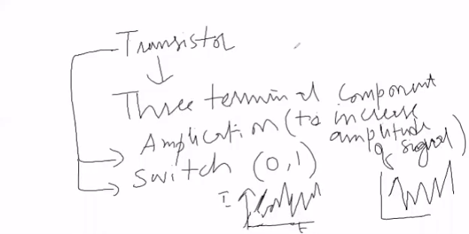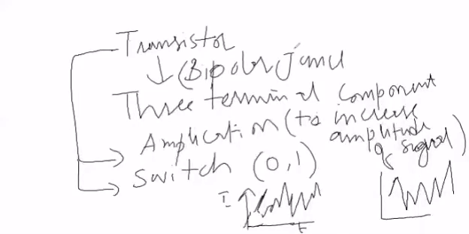Okay, so it is also a current controlled component. There are MOSFET type transistors and bipolar transistors. Here we will learn about the bipolar junction transistor.